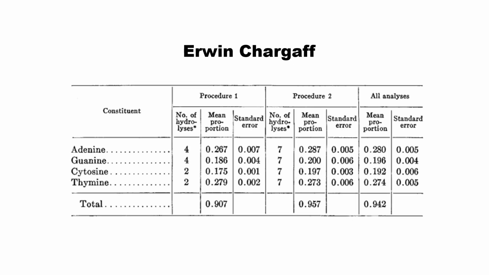Before the DNA structure was fully discovered, Erwin Chargaff analyzed the DNA structure, and he already knew that DNA is composed of four bases: A, G, C, T. When he analyzed them, he found some interesting relationships. The amounts of A and T are almost equivalent, and G and C are also very similar to each other.